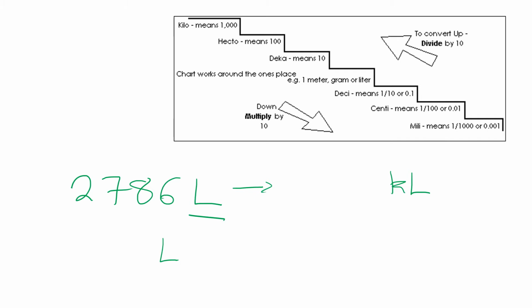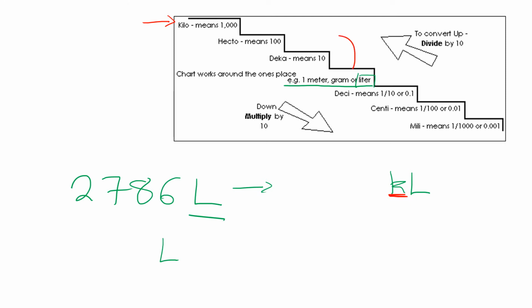So go ahead and find liters on our little stair-step chart, and that's in this position right here, our base unit. There's our liter. We want to go to kiloliters. There's our kilo, and here's our kilo up here on our chart. So if we're going to go from liters to kilo, which direction are we going, and how many steps is it going to take to get from liter to kilo?